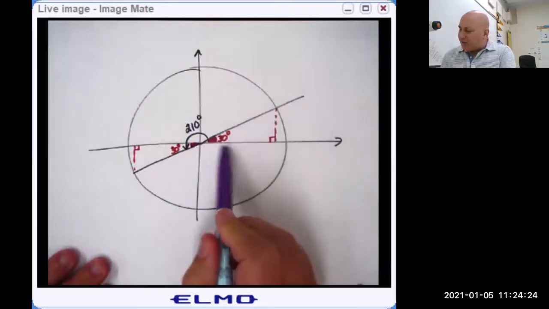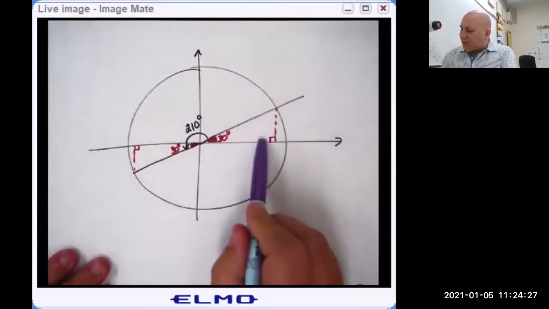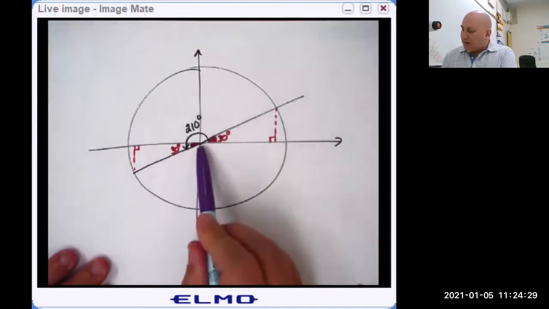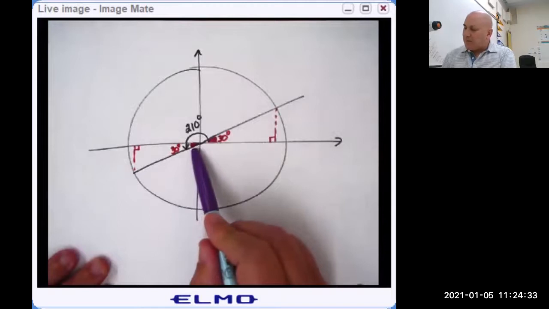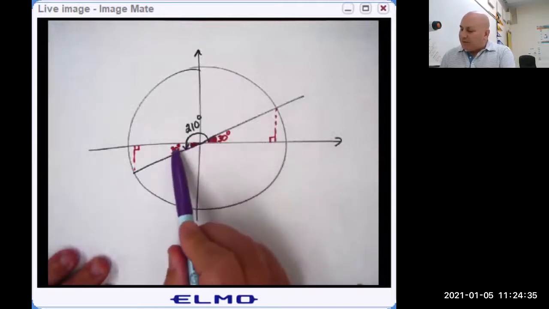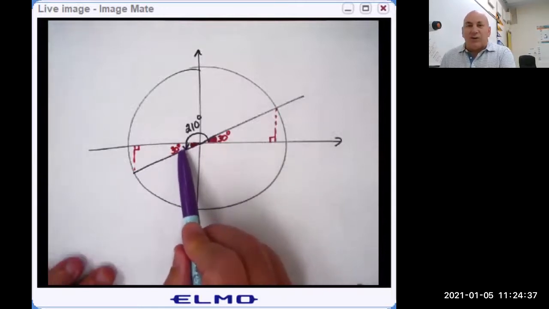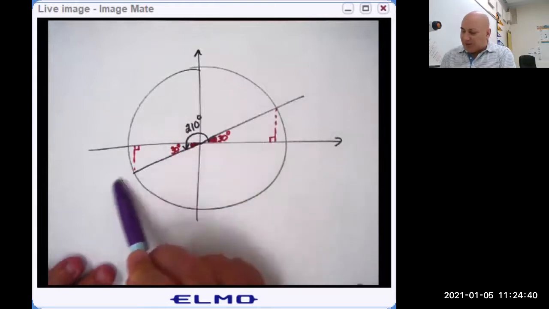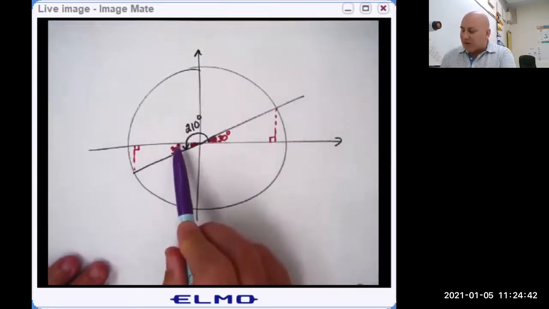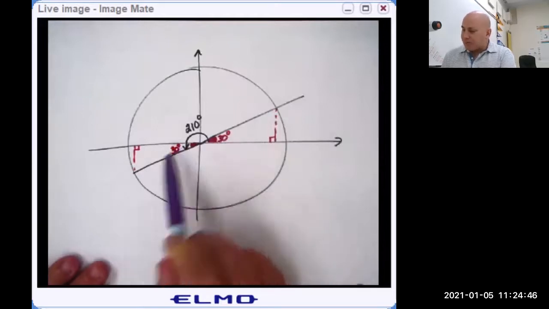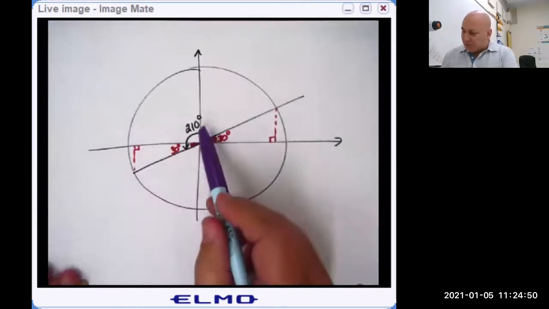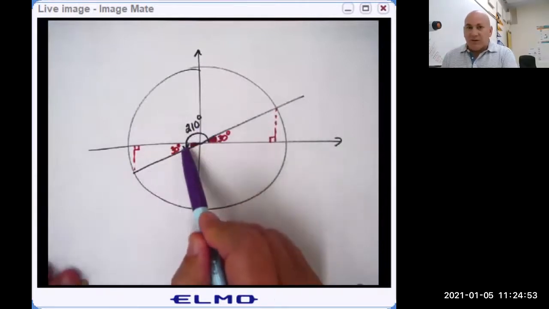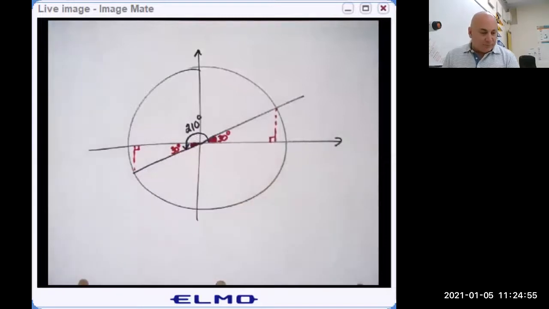So this angle starting here on the positive x-axis, rotating through, and now this is my terminal side. So this angle in here is the acute angle that this terminal side makes with the x-axis. Notice that it's a 30-degree angle. So the reference angle for 210 degrees is 30 degrees.